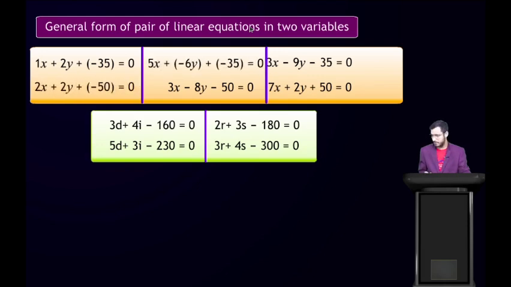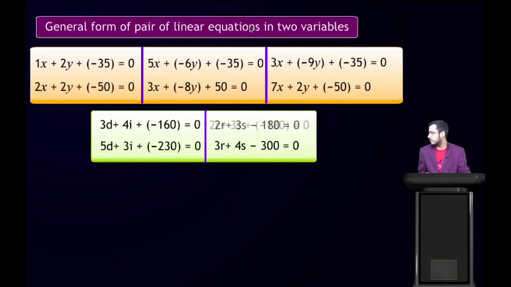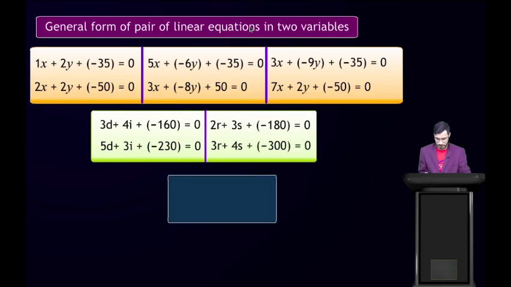So we can write the general form now. The general form is x plus y. For the coefficients we write a1, a2, and the second coefficients b1, b2, and the third, the constant terms, c1, c2.